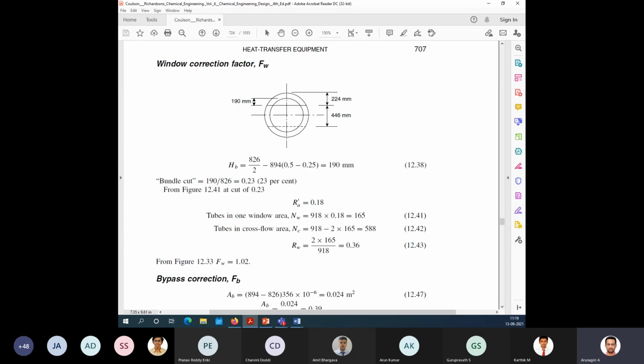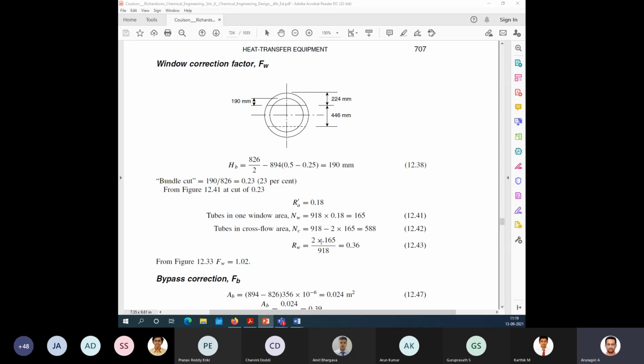So to calculate the window correction factor, you should know the value of this. What is this? This Rw. Rw you should calculate, then only you can use the chart. So to calculate the Rw, what you should know? You should know the value of Nw and NT. Correct? Number of tubes in the window zone and total number of tubes.